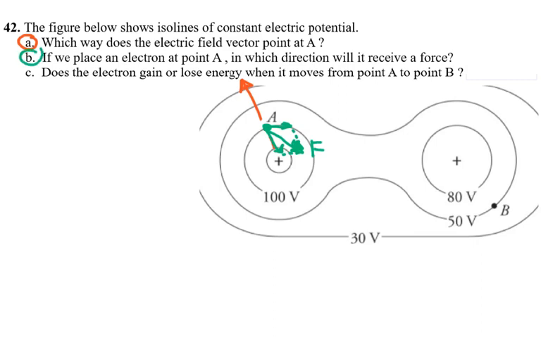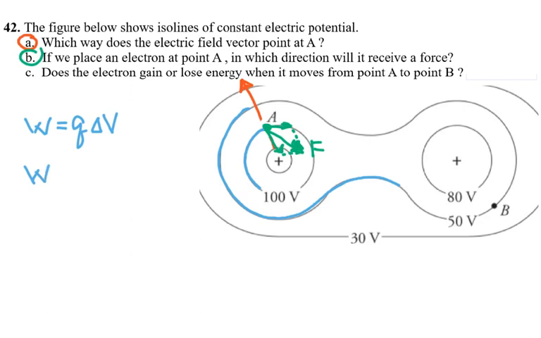For C, they ask, does the electron gain or lose energy when it moves away from point A to point B? Point B is on the 50 volt equipotential line, and point A is on the 100 volt equipotential line. So the work done to move the electron from A to B is equal to the charge of the electron times the change in potential difference.